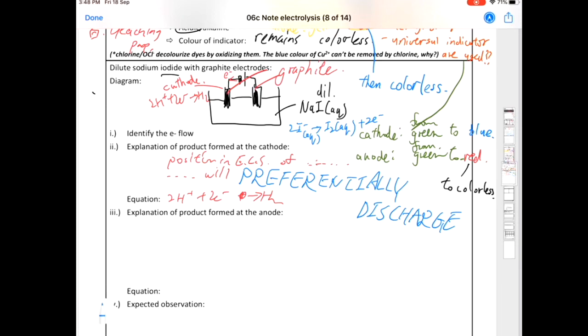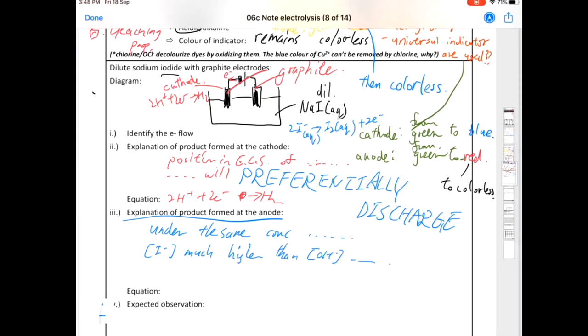So in the explanation part, you have to emphasize two things. First thing is that under the same concentration, which one is a stronger reagent to react? And then now, because the concentration of I minus is much higher than that of hydroxide ion, which of them now will really preferentially discharge?